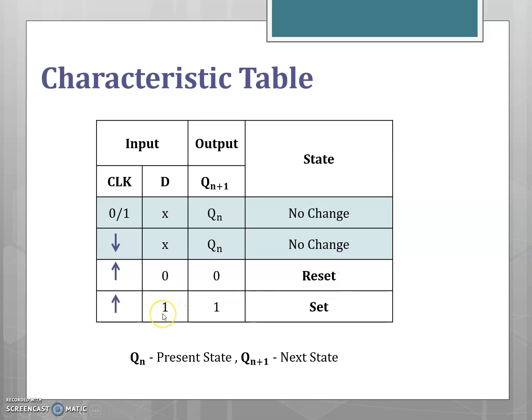For D equal to 1, it represents S equal to 1 and R equal to 0, so Qn plus 1 is equal to 1, representing the set condition. If we observe the table, the output Qn plus 1 is the same as D. This property makes the D flip-flop useful in shift registers, where on the activation of the clock, the output follows the input.